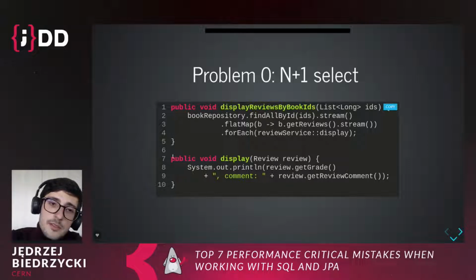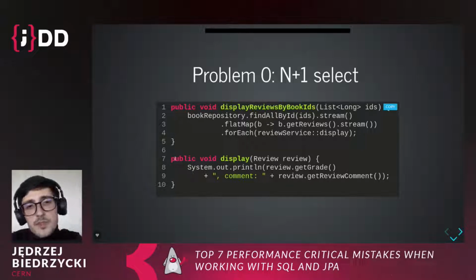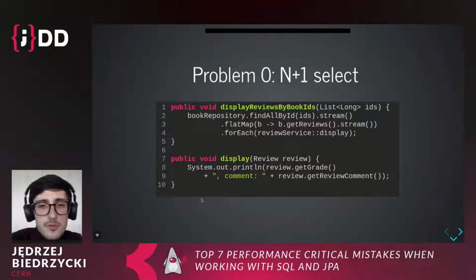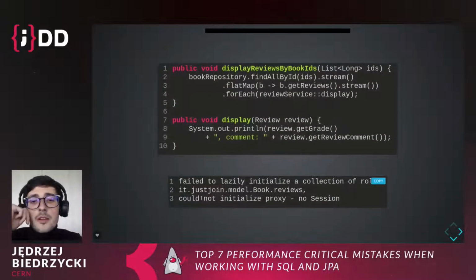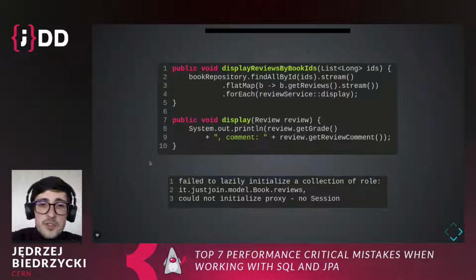The way the reviews are displayed is not really important, but now if we execute the code, we will see the following exception, which is probably one of the most commonly encountered exceptions when working with JPA, lazy initialization exception.